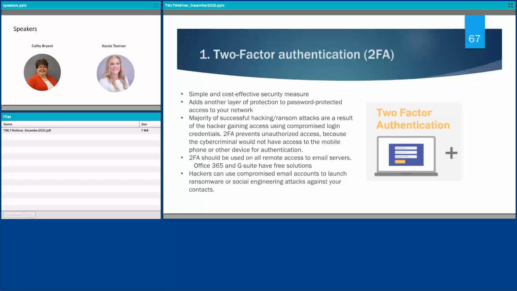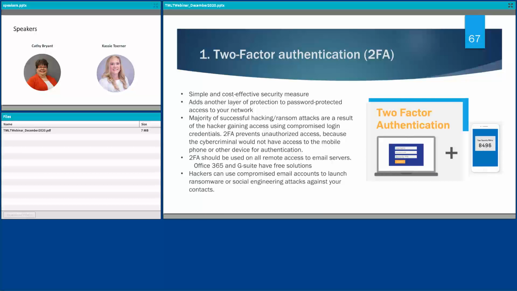Two-factor authentication is a simple and cost-effective security measure that links a login to a secondary PIN or token that's received on a different device, such as your cell phone. It adds another layer of protection to your password-protected access to your network.